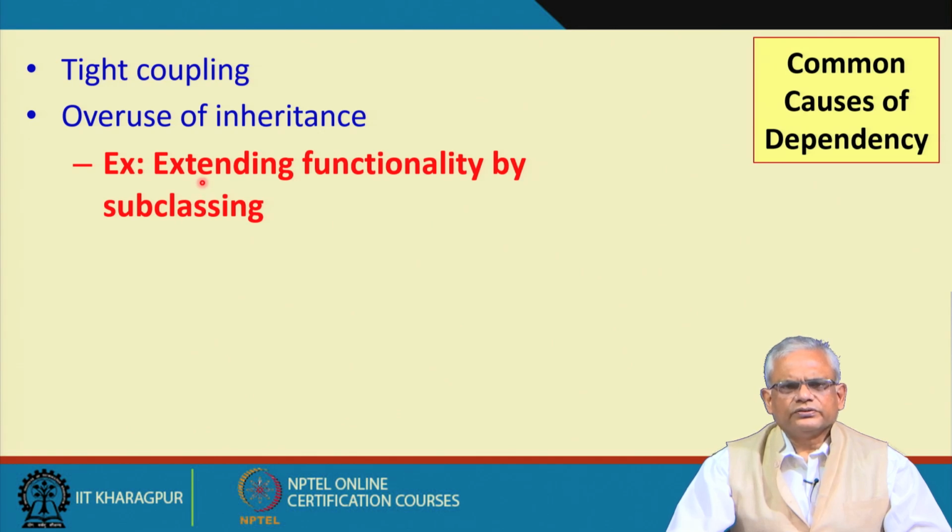Inheritance, we know that we extend functionality by subclassing, and this is a powerful tool, but once we have this tool in our hand, everything looks like a nail and we try to apply the tool.